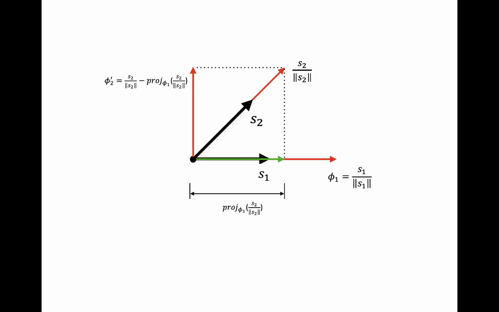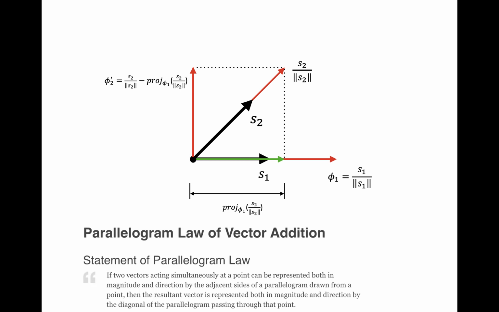Or in other words, if you recall the parallelogram law of vector addition, if you have two vectors, the green vector, which is the projection of S2 divided by the norm of S2 on the phi 1 axis, and the perpendicular vector phi 2 dash, then the sum of these two vectors is the resultant, which lies across the bisector of these two vectors, and that is your S2 divided by the norm of S2.